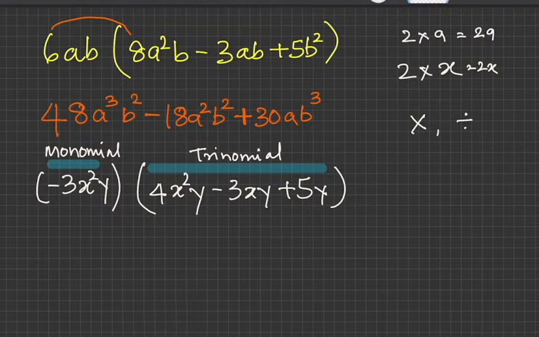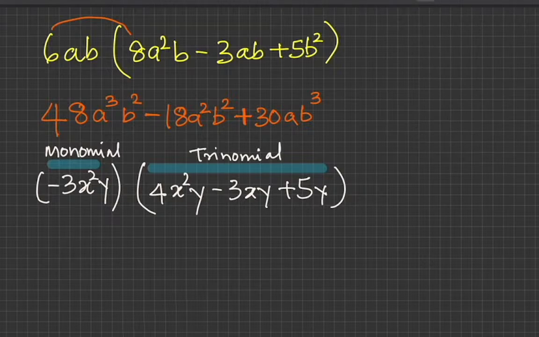Okay, so how do we do this? What is the answer? Negative 3 times negative 4, negative 12. X squared times x squared is x to the power 4. Y times y is y squared. Then I have minus, that is negative. Two negatives give me positive.